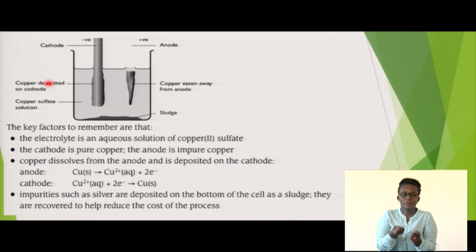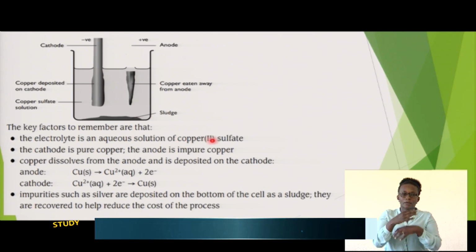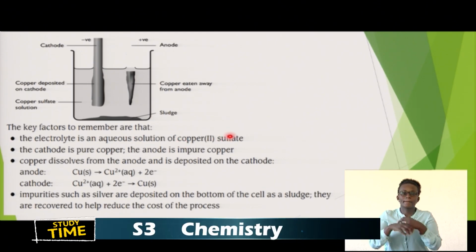So let's go through the key factors together. The electrolyte is an aqueous solution of copper(II) sulfate, not only copper(II) sulfate. It must be a solution that contains copper(II) ions. We can have copper nitrate, copper(II) chloride, and so on, as long as you have a soluble solution that contains copper(II) ions.